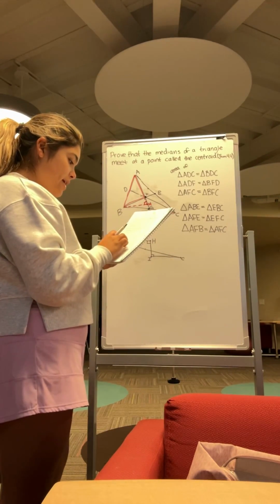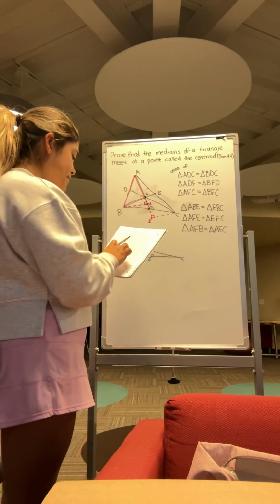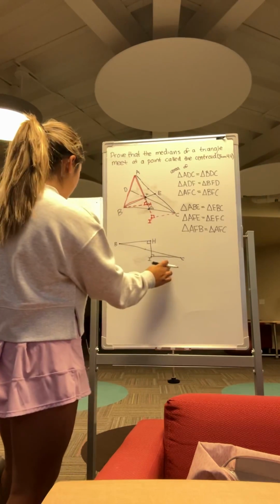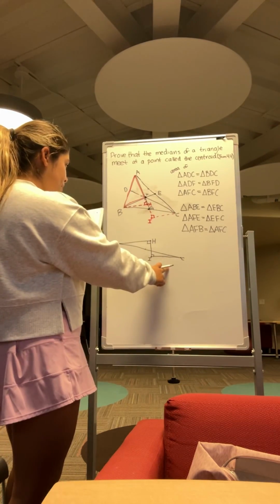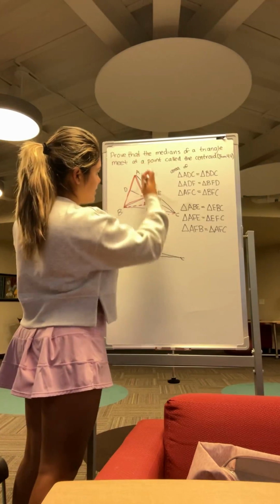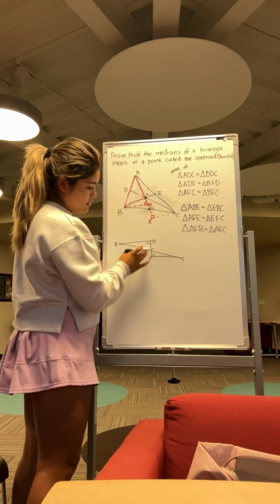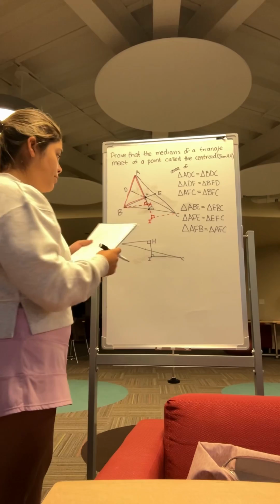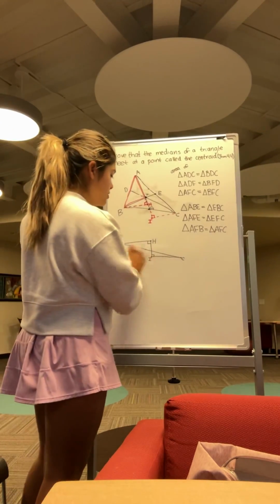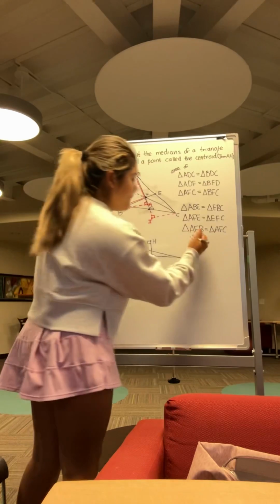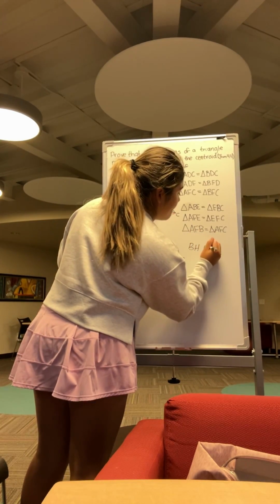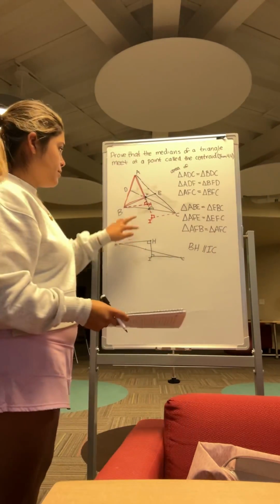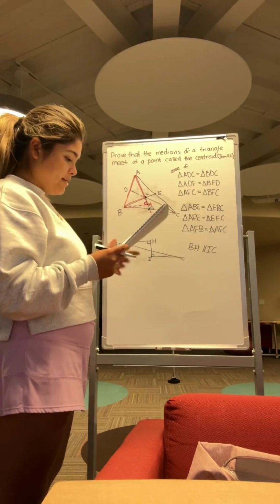So we can say that since BH and IC both make right angles with AG, so this line is AG, then BH and IC are parallel. Okay, because two right angles make two parallel lines.